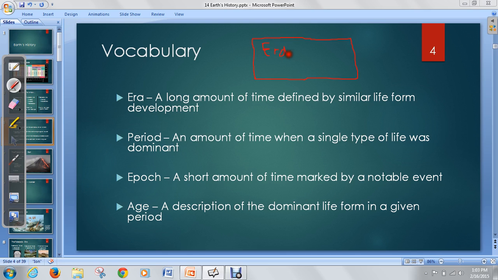Then the eras can contain even smaller sections, which we call periods. And then the periods can be broken down into smaller sections, which we call epochs. Either way, as long as you understand this idea that you get smaller and smaller in size, from era to period to epoch. So again, take a second. Let's write this down.